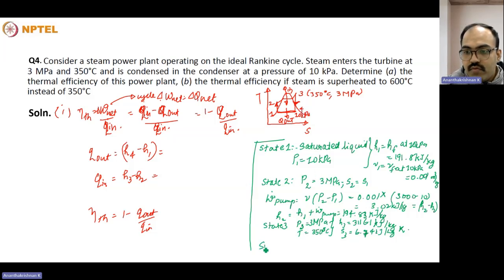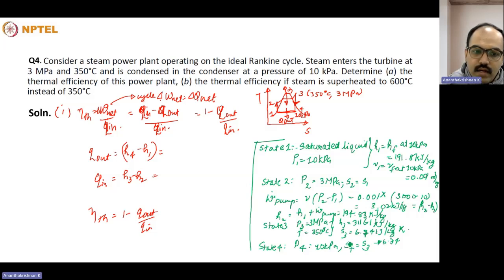So at the state point 4, we know the pressure that is equal to 10 kilopascal, and the entropy is the same as that of S3, that will be equal to 6.74. We know two conditions: the pressure at the exit and the entropy at this particular point.